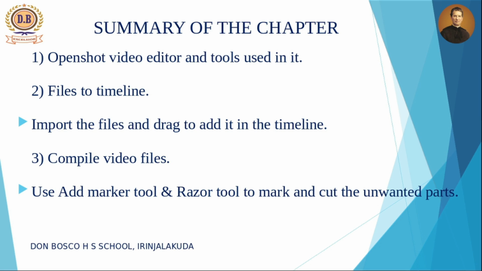The first activity was familiarizing with the OpenShot software and its main important tools. For example, the import button to import files, the export button to export into some file format, the eraser tool, the marker tool, then the playback head option, etc.